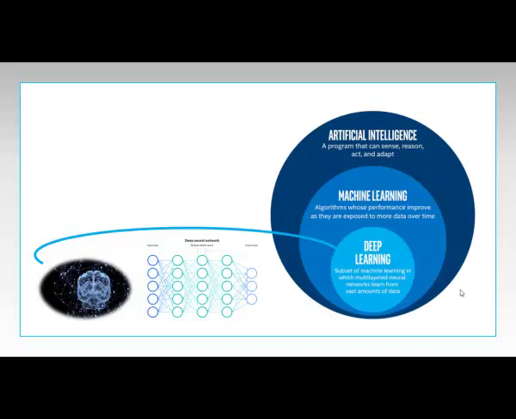Now there is a subset of machine learning called deep learning, and this is also based on feeding our algorithms and machines with data, even more than machine learning. The way it processes the input resembles or mimics how the human brain works.